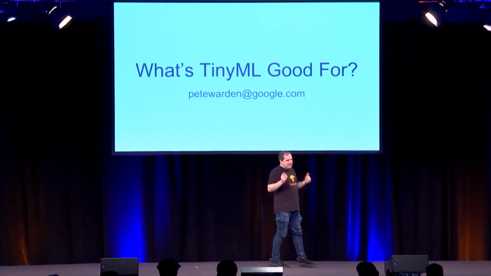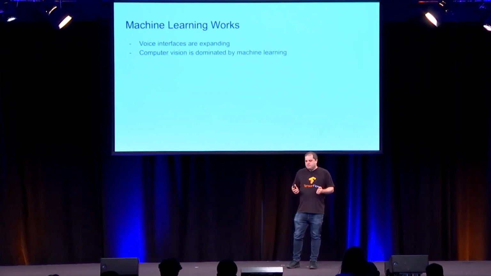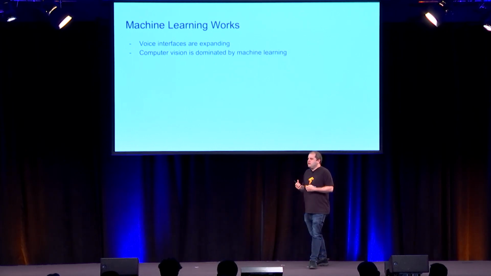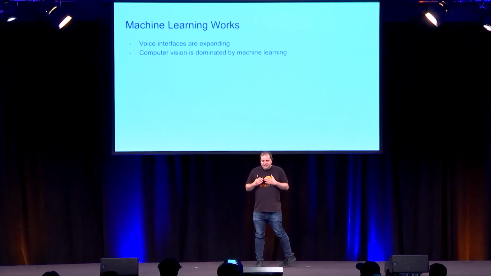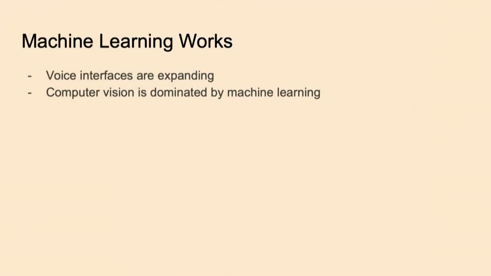To explain that, I'm going to start off with machine learning on mobile and machine learning in general. I really liked one of the phrases from Jem at the keynote yesterday, where he said machine learning is kind of like a sonic screwdriver from Doctor Who.